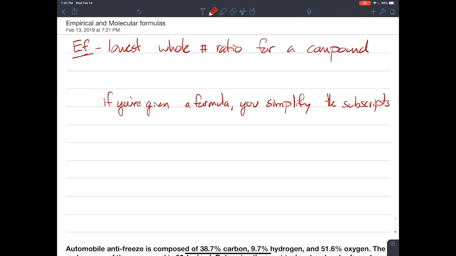Glucose would be C6H12O6. But the empirical formula, because we can divide each of these subscripts by 6, would be CH2O.